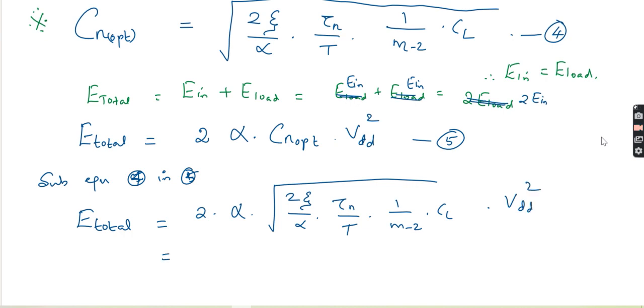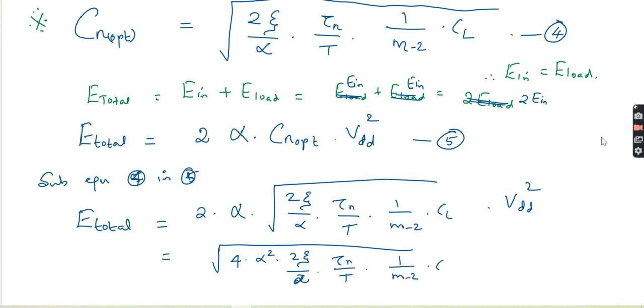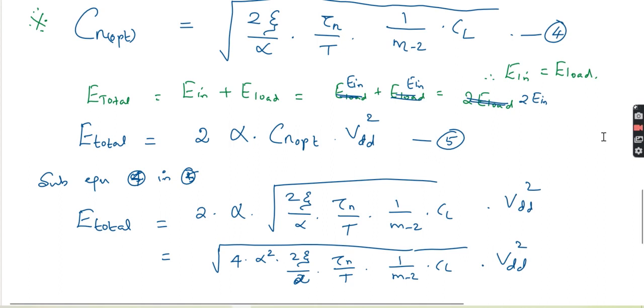Now take this 2 alpha inside the root. 2 will become 4, then alpha becomes alpha square, then 2 psi alpha into tau n by t into 1 by m minus 2 into CL. Finally here we will have VDD square.